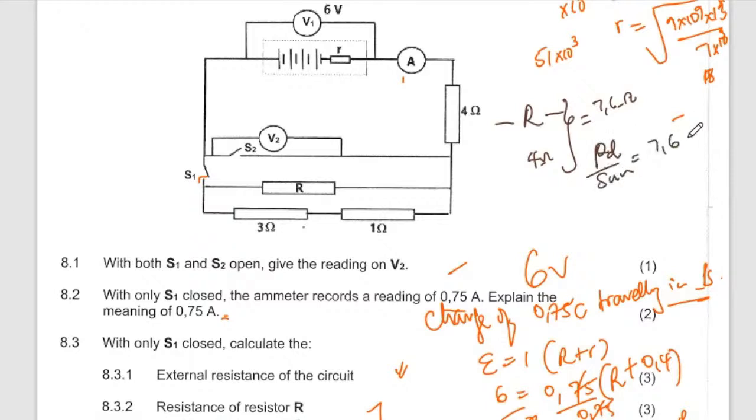My product is going to be 4R over 4 plus R must give us 7.6 ohms. If I cross multiply, 7.6 times 4, I'm getting 30.4 plus 7.6R must give us 4R, as the product over the sum.